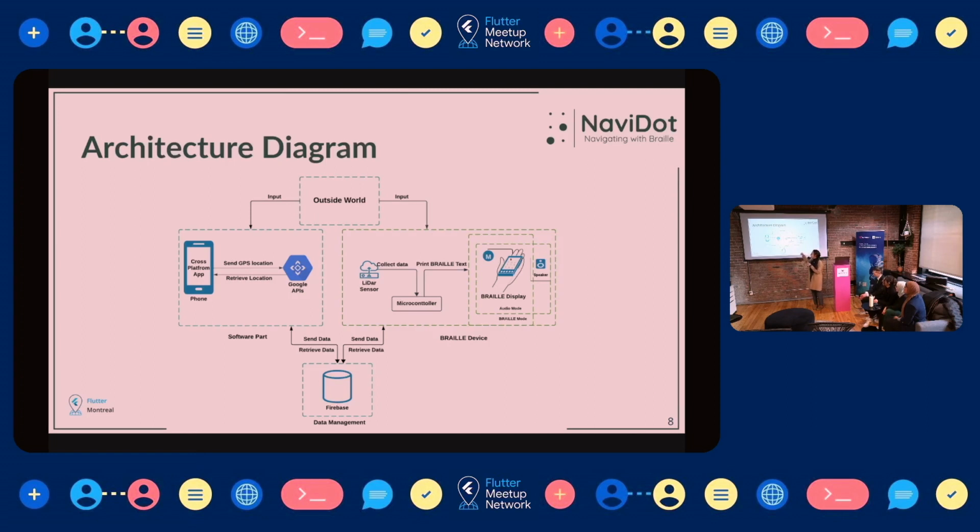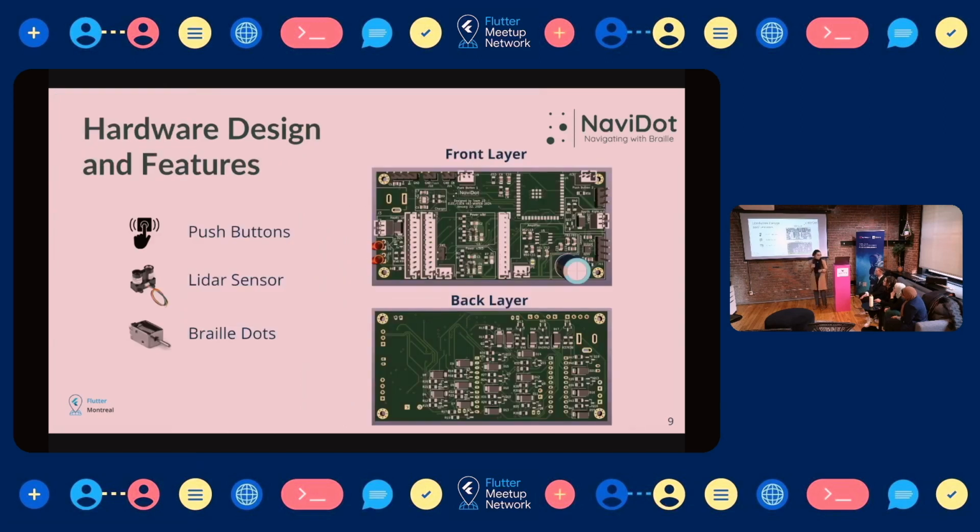From the database we're sending the information to the phone, and from the phone we're sending the information to the microcontroller, and in the microcontroller, this is where we're printing our text from plain English to Braille. I'll let my colleagues here present the hardware part.